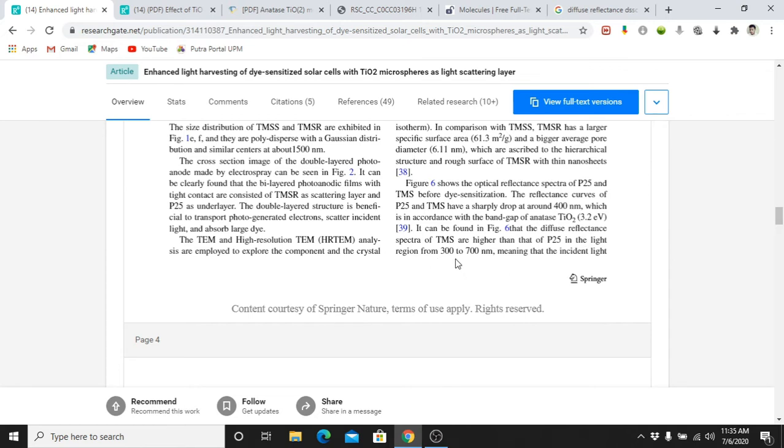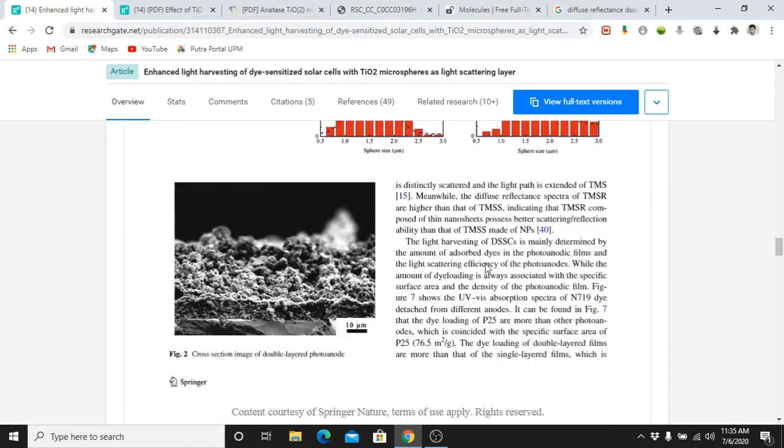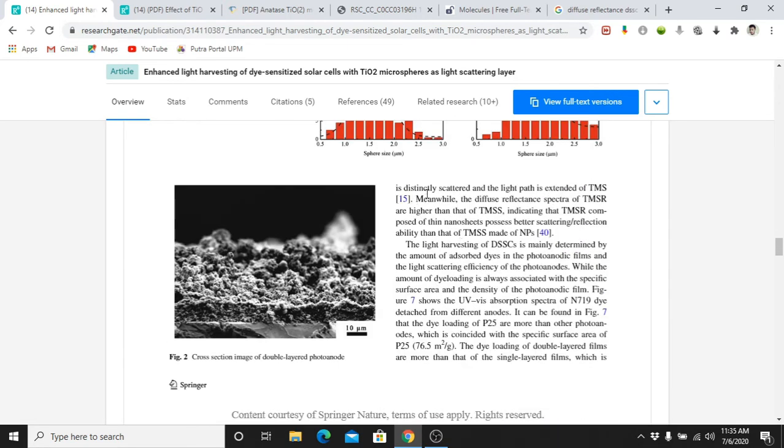The light region is 300 to 700 nanometers, meaning that the incident light is distinctly scattered and the light path is extended for the modified photoanodes.